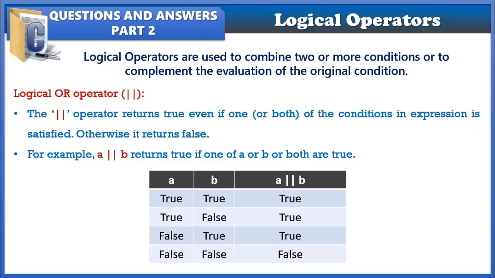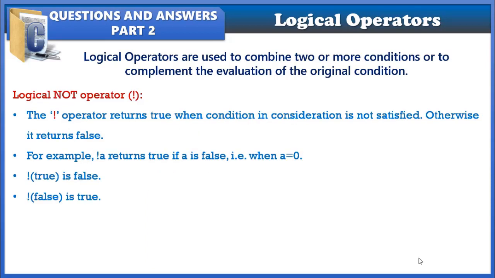If A and B both are true, it will obviously return true. If either of A or B is true, it will return true as well. When both A and B are false, it will return false. That means logical OR returns false only when both conditions become false in the expression.